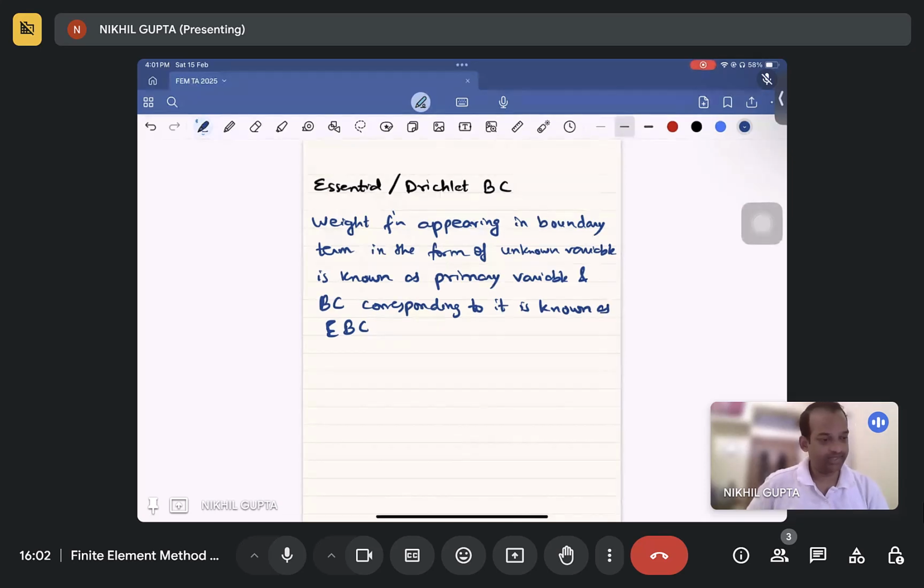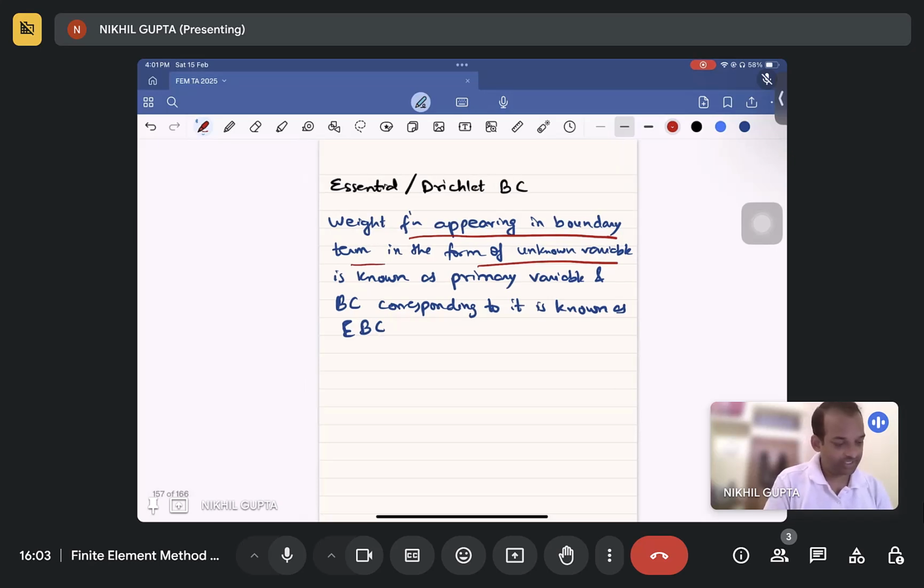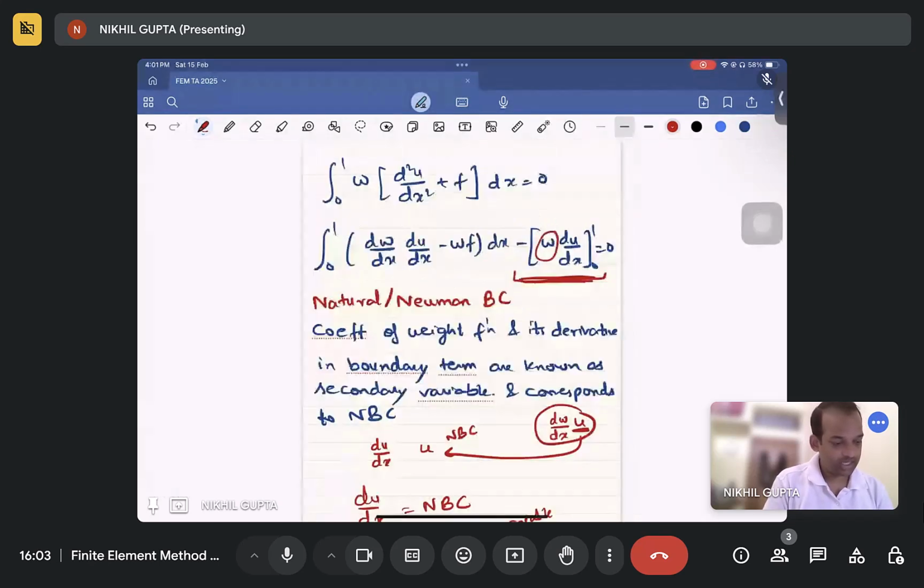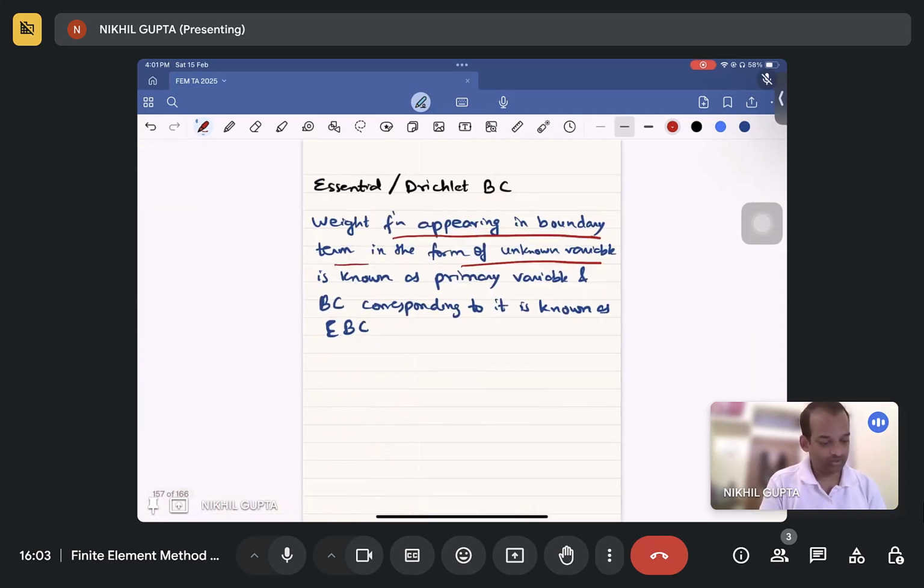It is a little tricky. It says the weight function appearing in the boundary term in the form of the unknown variable. So the weight function is this. How is it appearing? As a single variable in the form of u, the unknown variable. So here u is the essential boundary condition. Let's say the weight function is like this in this boundary term.